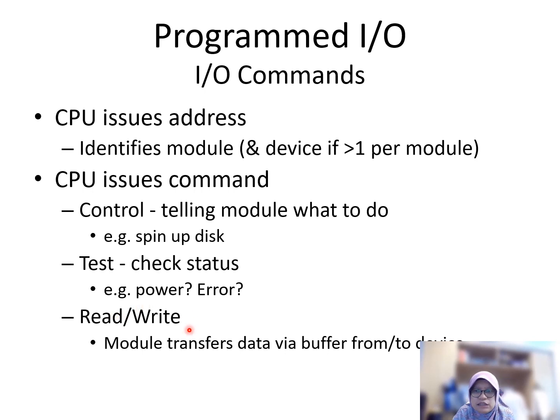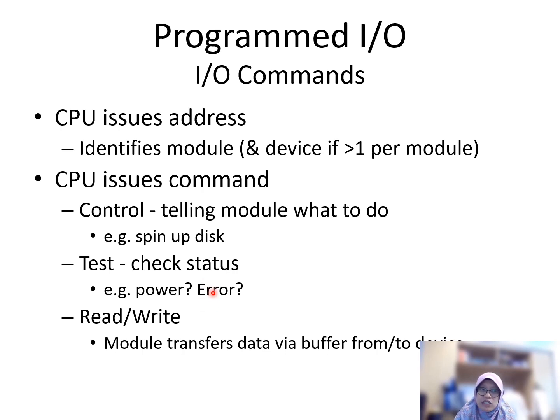Then the test command is used to test various status conditions associated with an I/O module and its peripheral. The processor will want to know that the peripheral is powered on, the availability of that peripheral, and whether any error occurred.